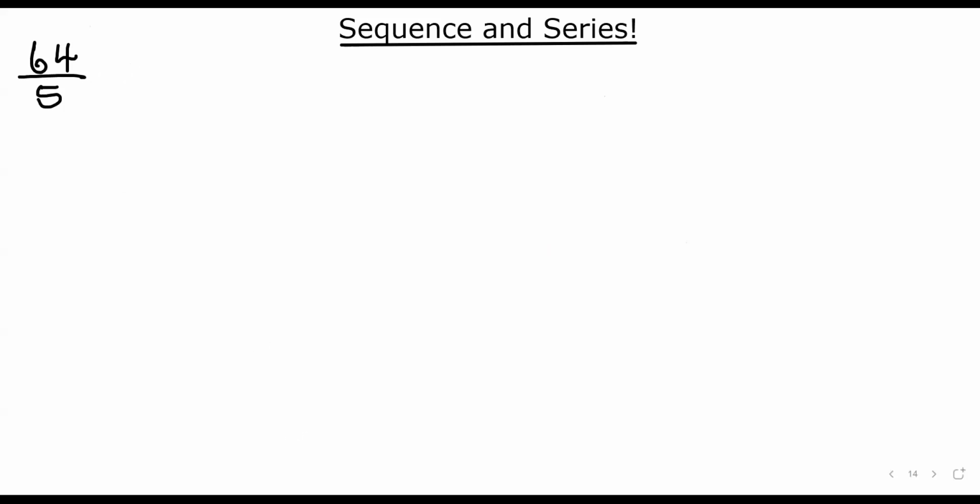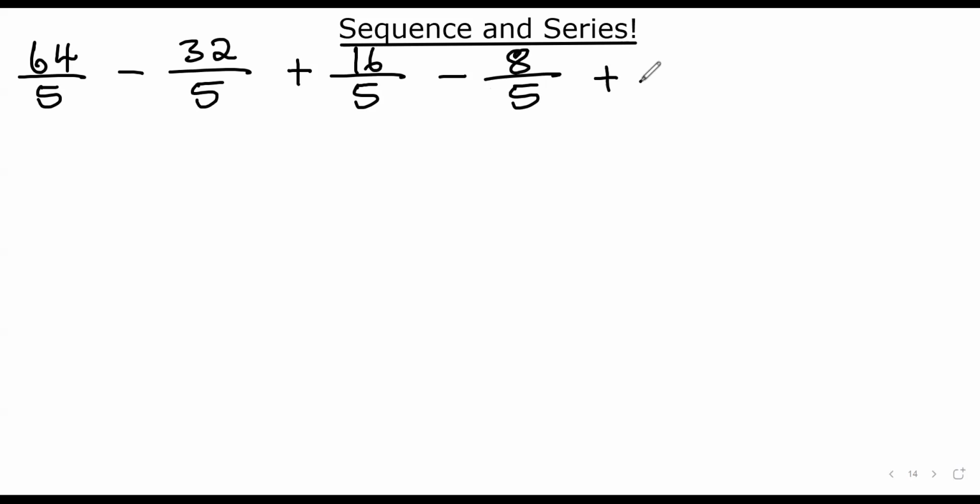So, well, the sequence here is 64 over 5, minus 32 over 5. 32, come on. That was an easy one. And then we have 16 over 5 and 8 over 5. And this goes on.